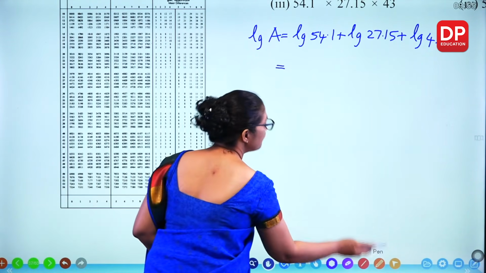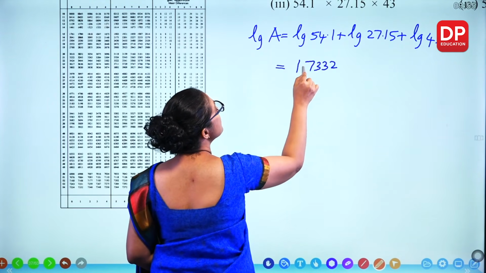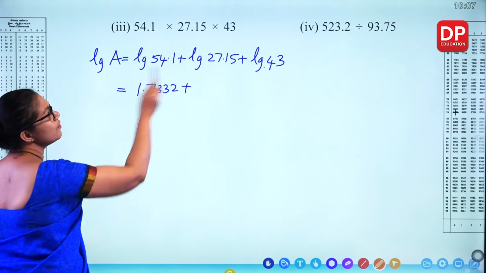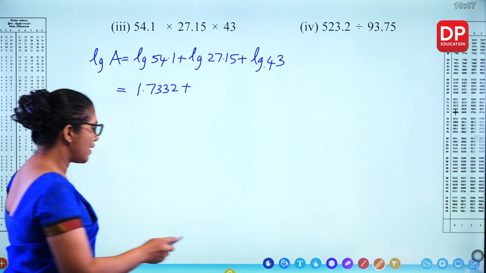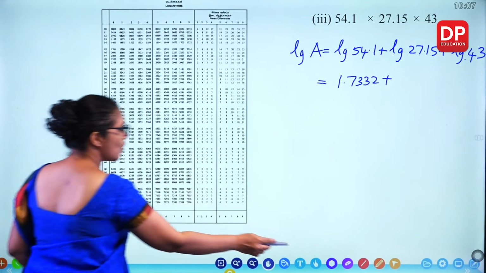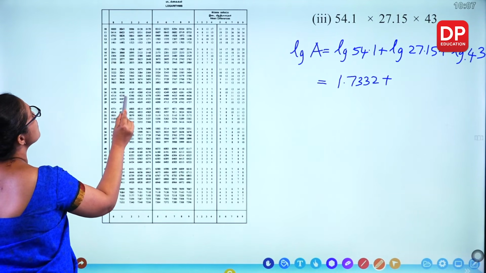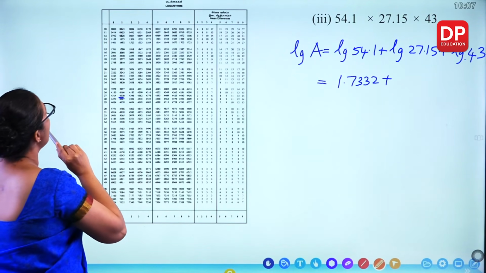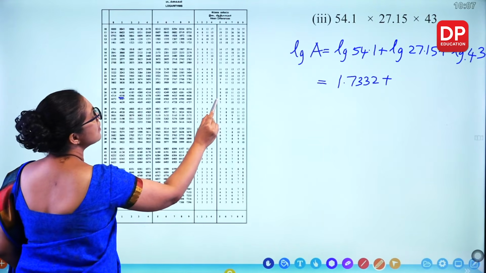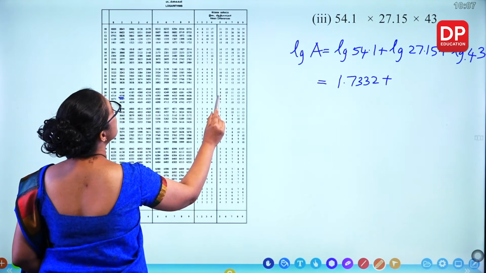7332, and the characteristic is 1. Now 2715. So refer the table. 27 is this one, and 5 is 8.